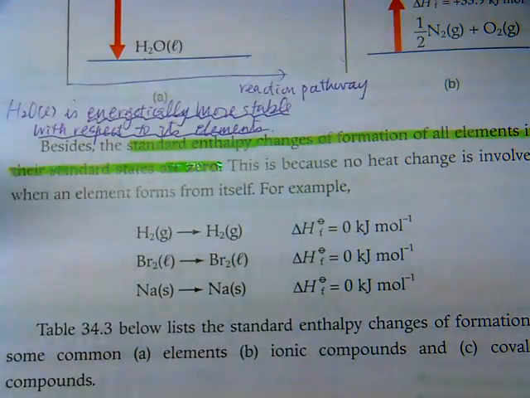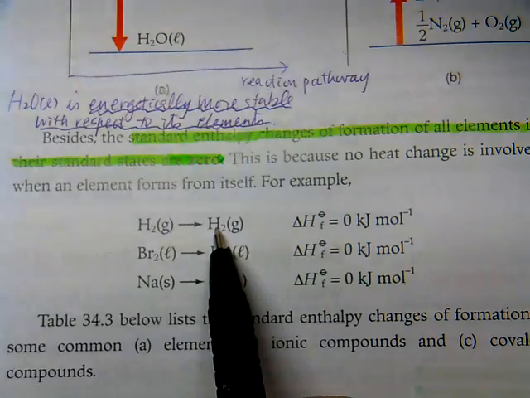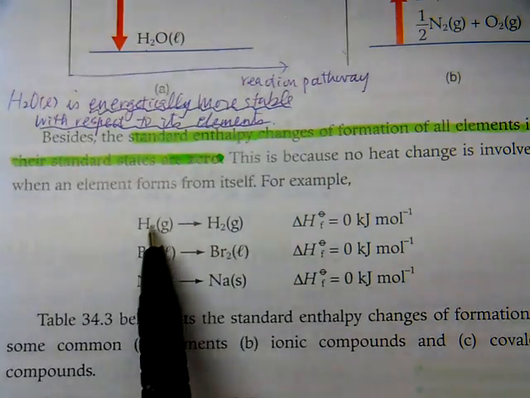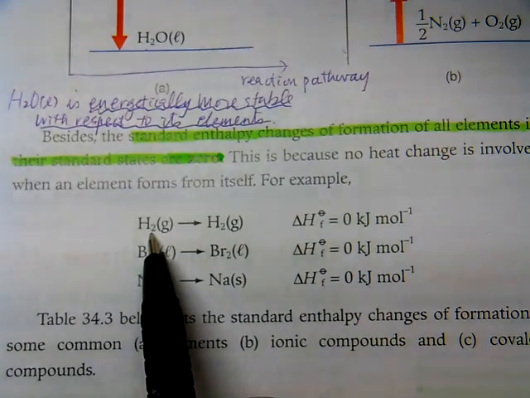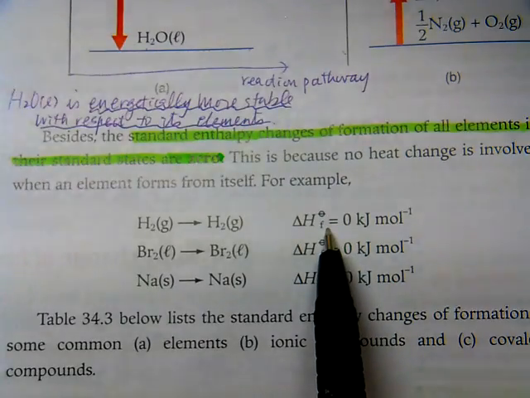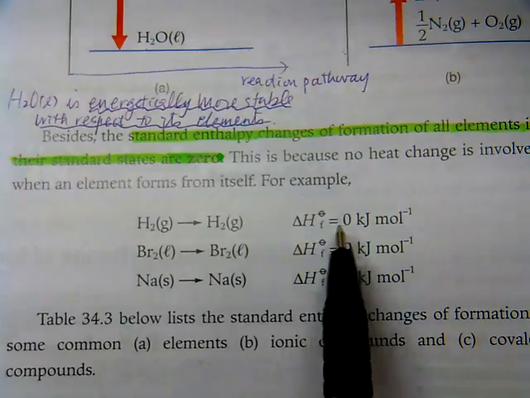Why? Because we need to talk about the standard enthalpy change of formation of H2. H2 itself is an element. From H2 gas to H2 gas, there is no enthalpy change. Therefore, in this situation, it is 0.